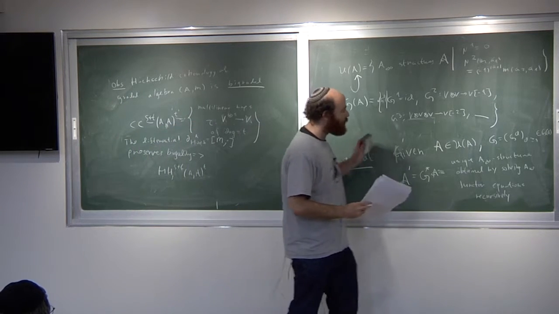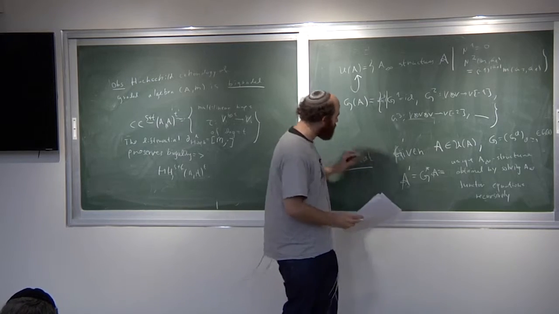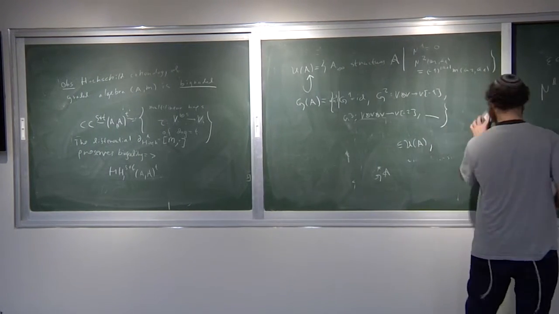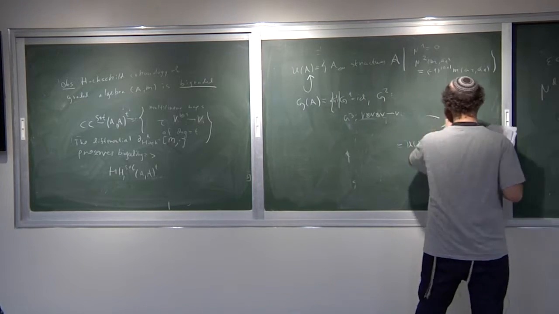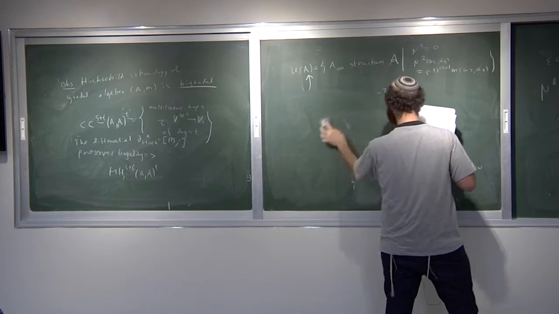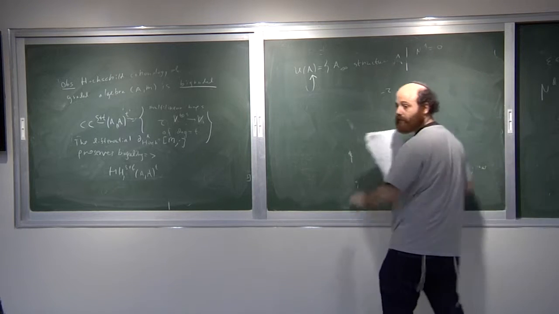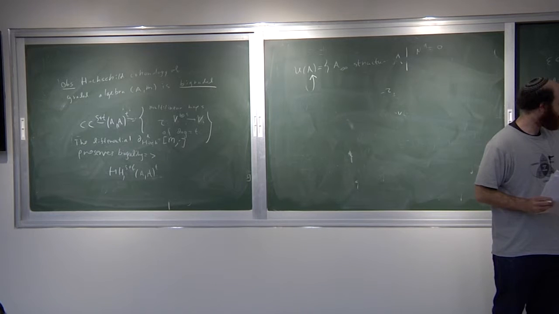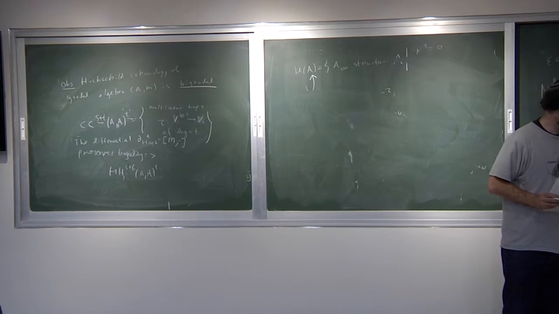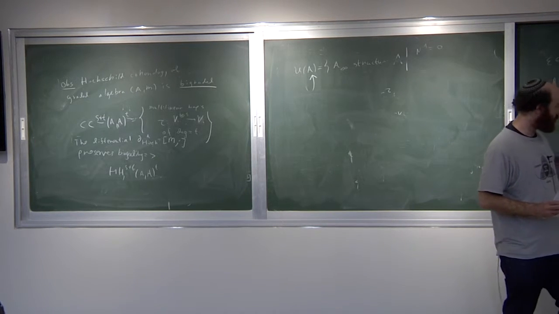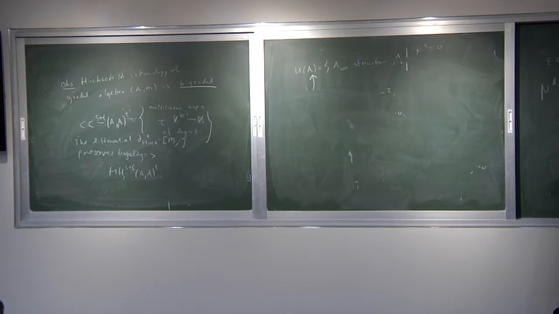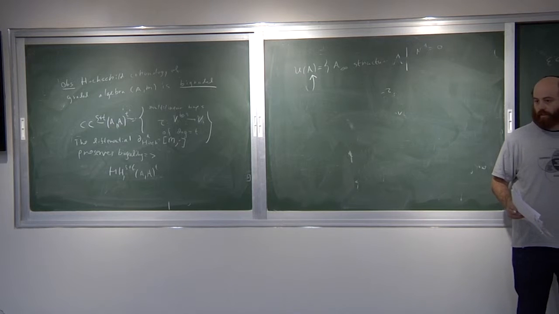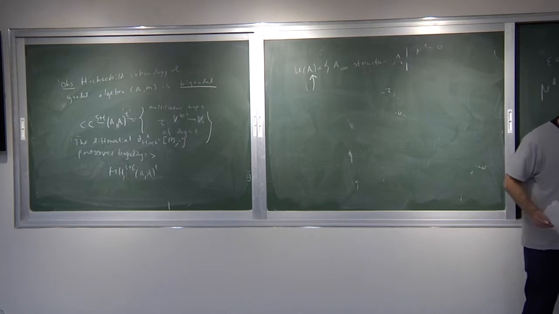So now I want to define an obstruction class. H F is F, the fixed identification between the cohomology algebra and B. How does that act on that?